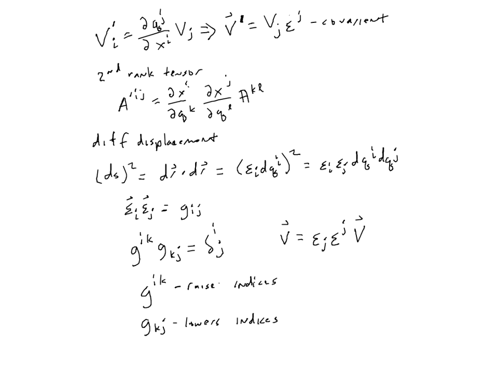And so we can see this if I have, for example, epsilon j, and I multiply it by the inverse metric Gij, the result is going to be this. If I have a vector f and I multiply it by the inverse metric, the result is going to be the contravariant form of that vector.